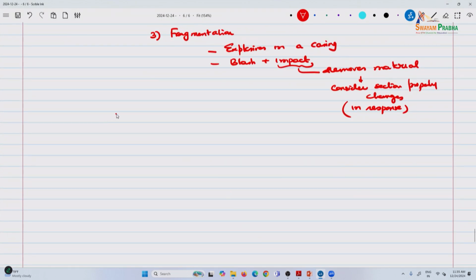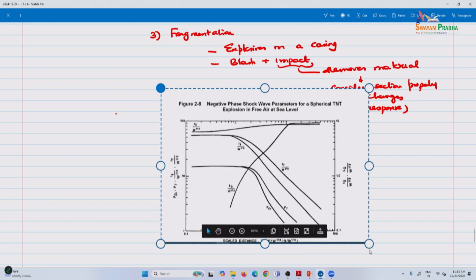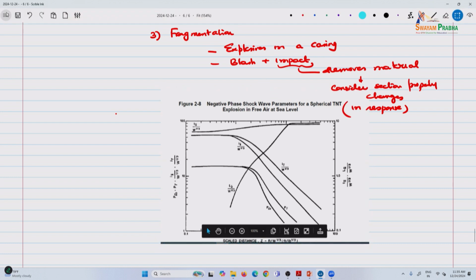So in case you're wondering, they do have, in the same way like you have figure 2.7, you have figure 2.8, where if you are calculating, we generally don't do this, but if you are calculating the negative phase shock wave parameters again for a spherical TNT, you have the same things, PSO, PR, scaled. This is the incident impulse, reflected impulse.